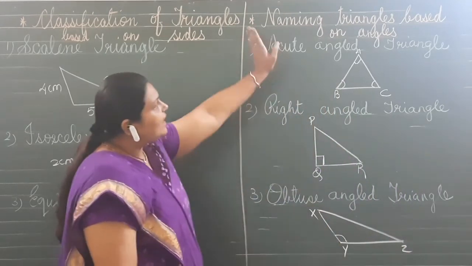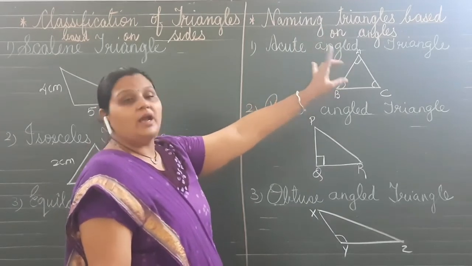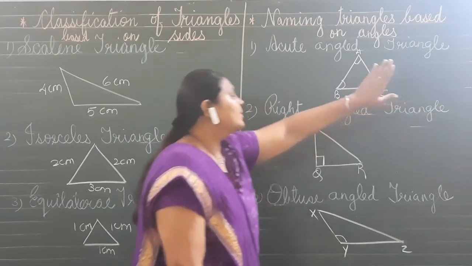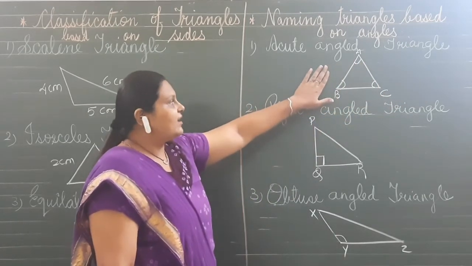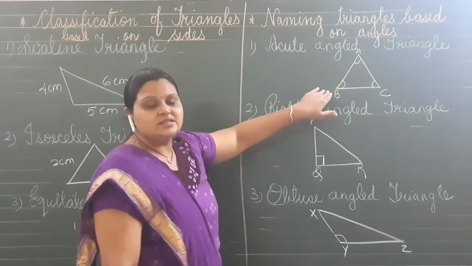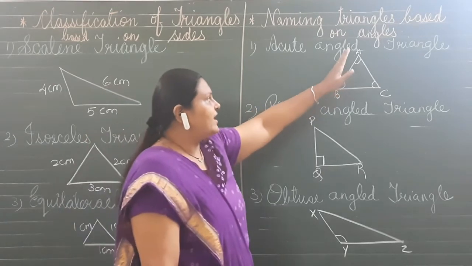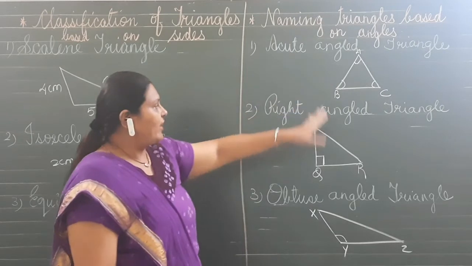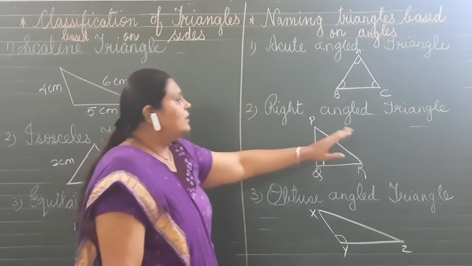Now we will see naming triangles based on angles. Very first, acute angled triangle. A triangle having acute angles inside it, less than 90 degree, is known as acute angled triangle. Right angled triangle.